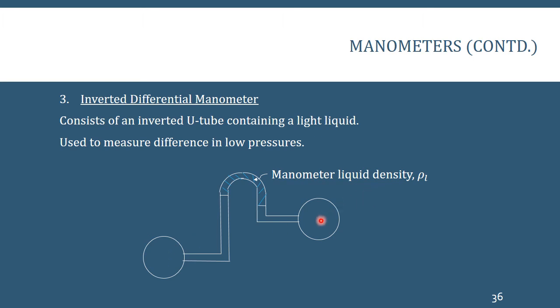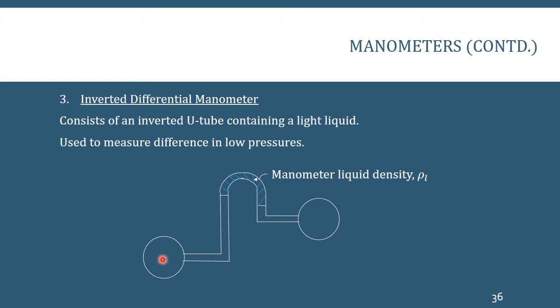Now, when the pressure is low, we usually don't resort to simple U-tube manometers with mercury, because if it is a vacuum pressure, the fluid will try to suck in the mercury because mercury is so heavy. If the pressure in the pipe is below atmospheric pressure, mercury will get sucked into the pipe, and we don't want that happening.